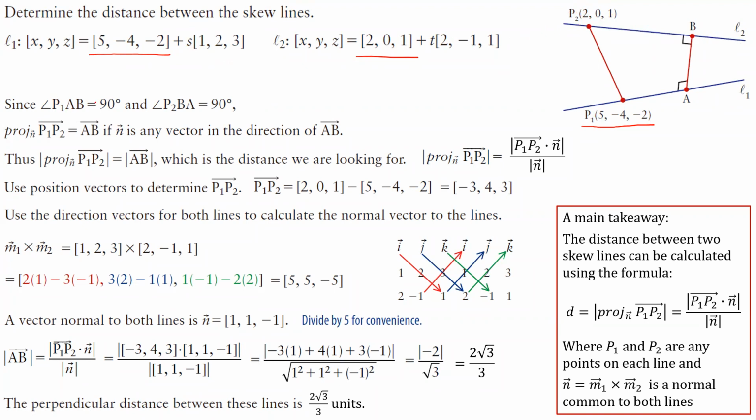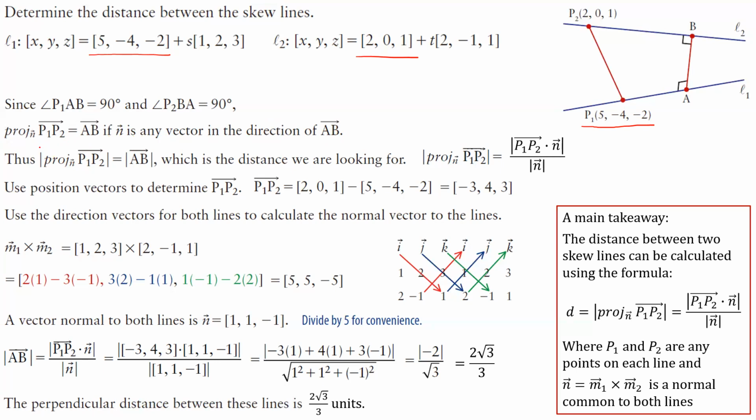Since angle P1AB is 90 degrees, and angle P2BA is also 90 degrees, we know the projection of vector P1P2 on vector N equals vector AB, if N is any vector in the direction of AB, right?